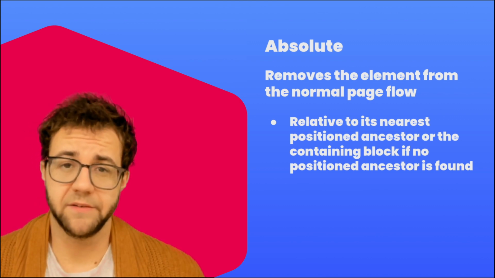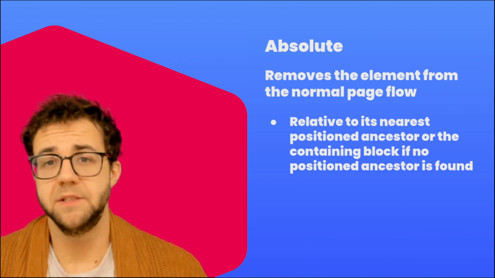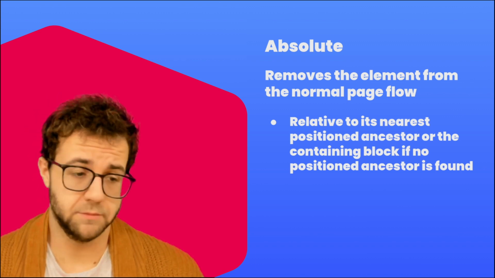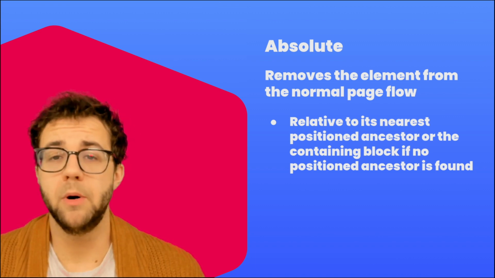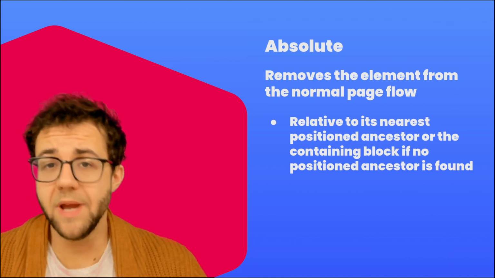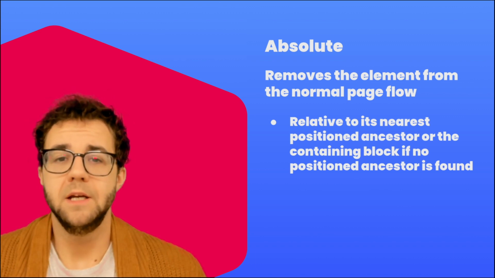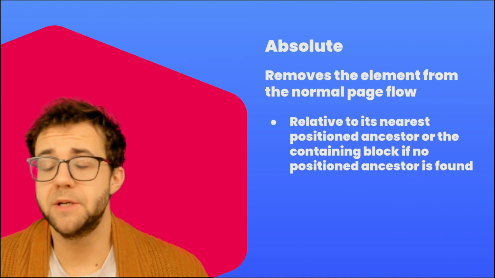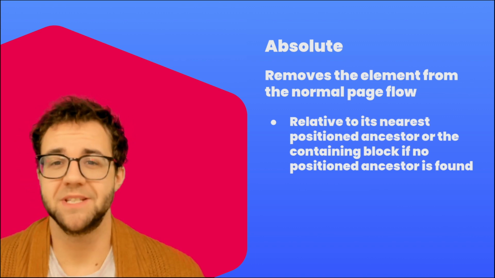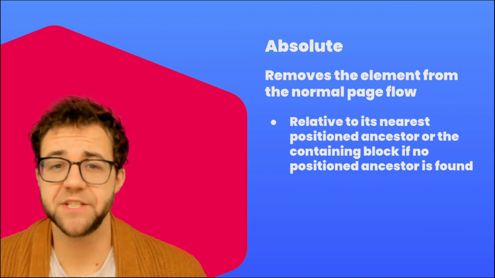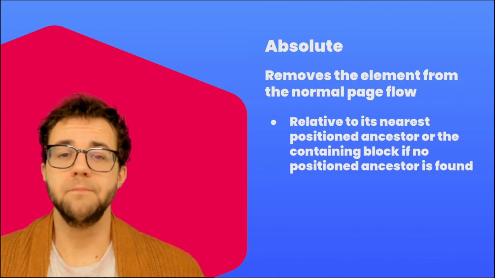So if you say that an absolute positioned title needs to be right of its ancestor component, and you have a box component around your title component, then the title component will move on its own slightly away from your box component because of the positioning you've used. Or a containing box, of course. It could be a column, it could be a box, either of that. If no positioned ancestor is found, then it'll just use whatever is above that.